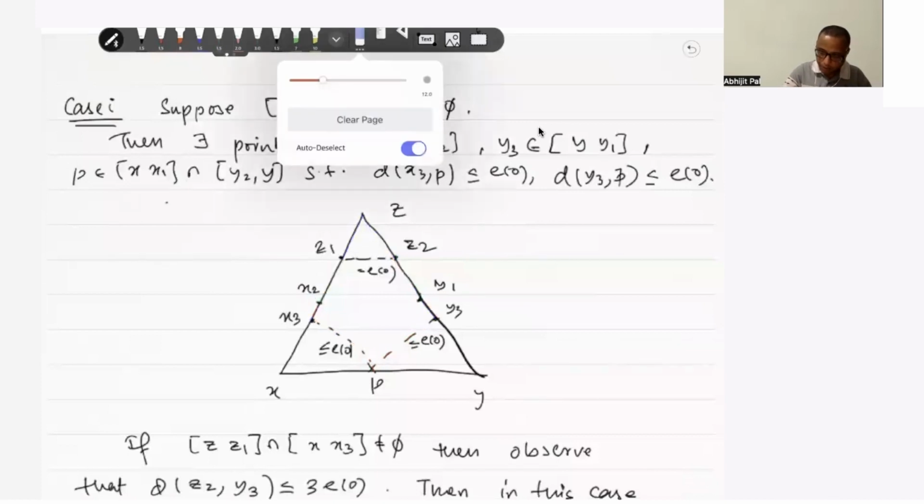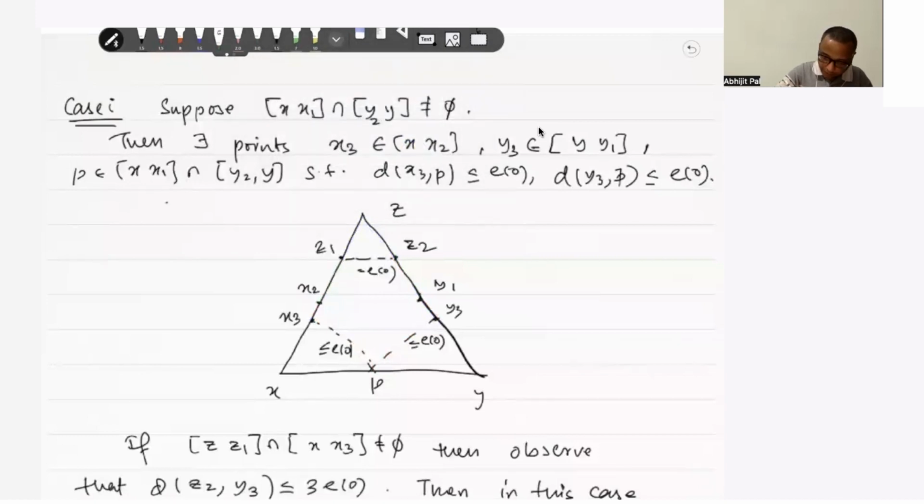So what we have shown is that this distance is bounded in terms of E naught.